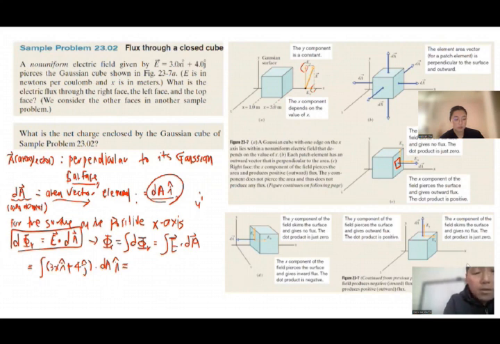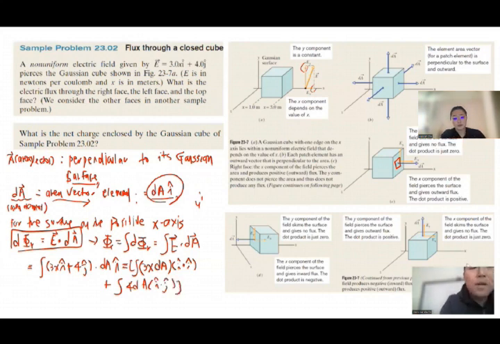So that is the integral of 3x dA times i dot i, plus the integral of 4 dA times i dot j.